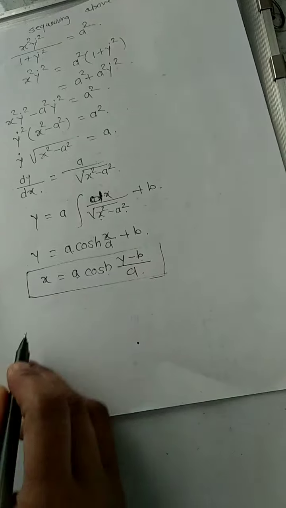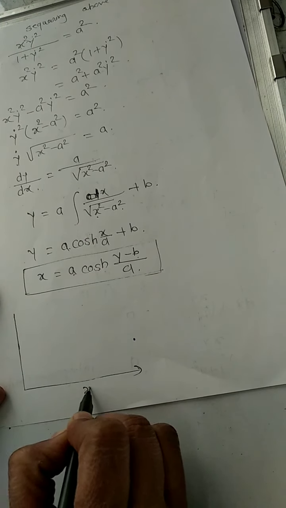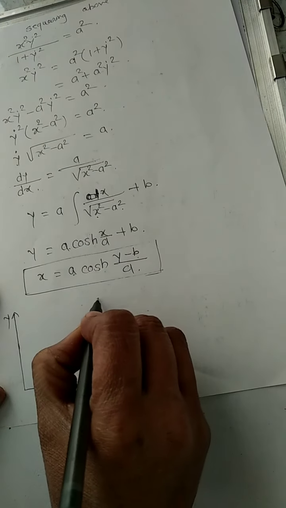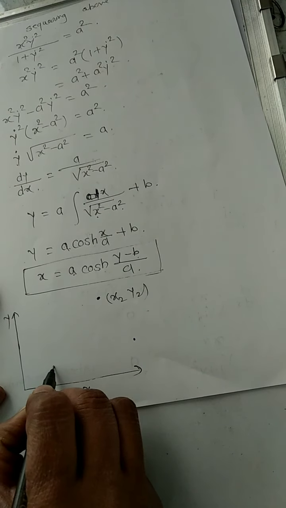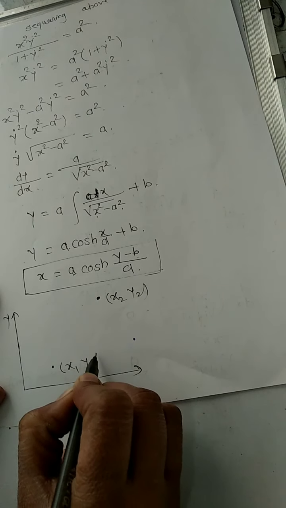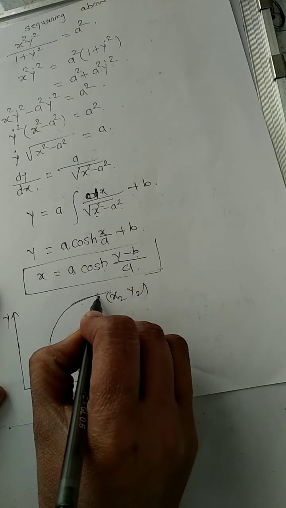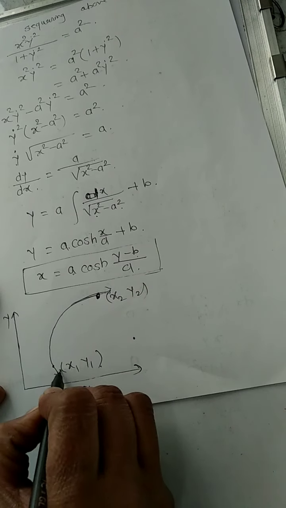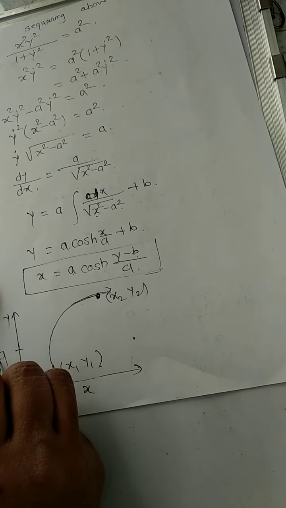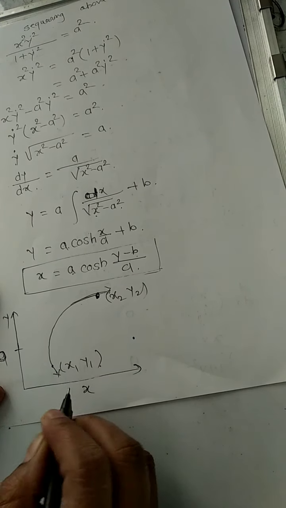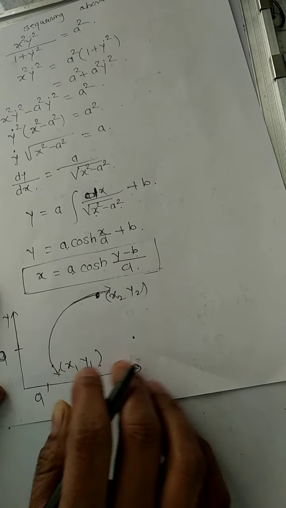Now draw the figure. This is the x-axis, this is the y-axis. Two points here: one point has coordinates x2, y2, and here again one point has coordinates x1, y1, and the curve passes through these points. On the y-axis that value is the constant b, and on the x-axis that value is the constant a.